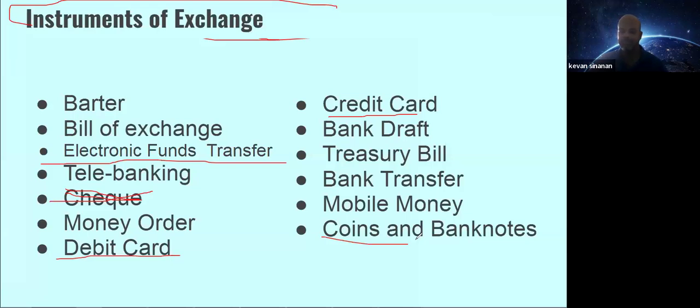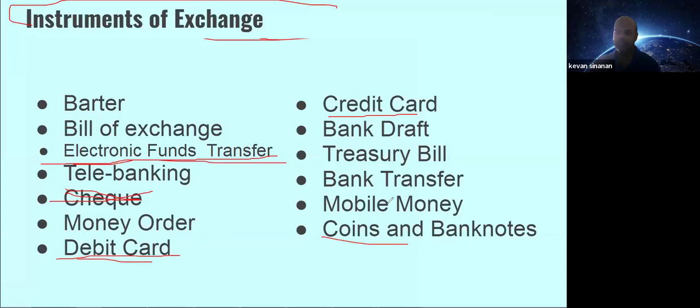No, we can't say treasury bill, unfortunately. You can't really use that as an over-the-counter transaction. We'll just keep it safe and say credit card, debit card, that's one and two. We could say electronic fund transfers for the third one.